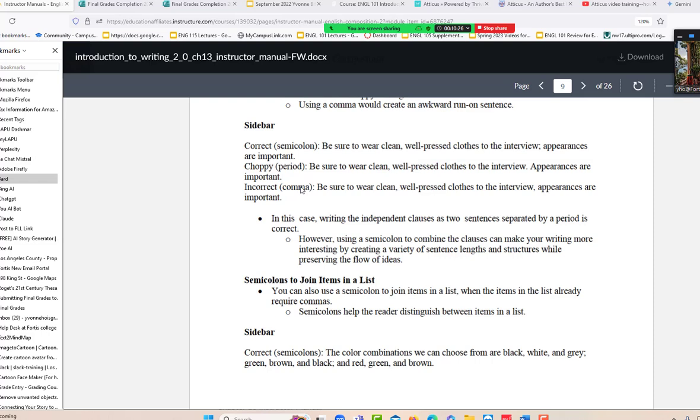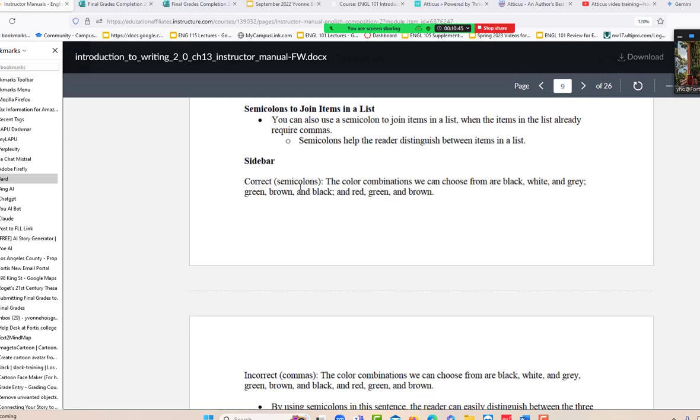Semicolon to join items in a list. You can also use a semicolon to join items in a list when the items in the list already require commas. Semicolons help the reader distinguish between items in a list. The color combinations we can choose from are black, comma, white, comma, and gray.